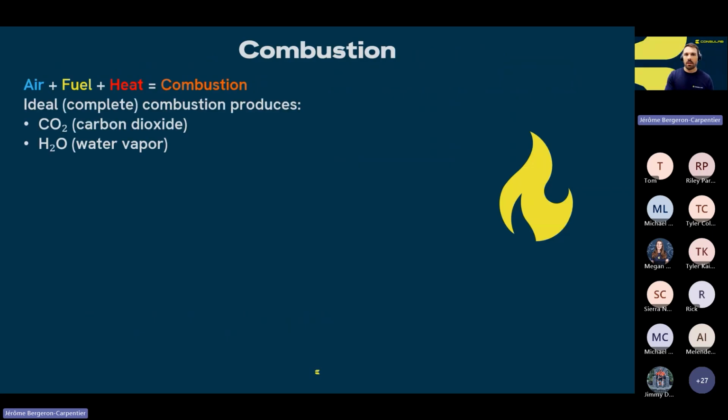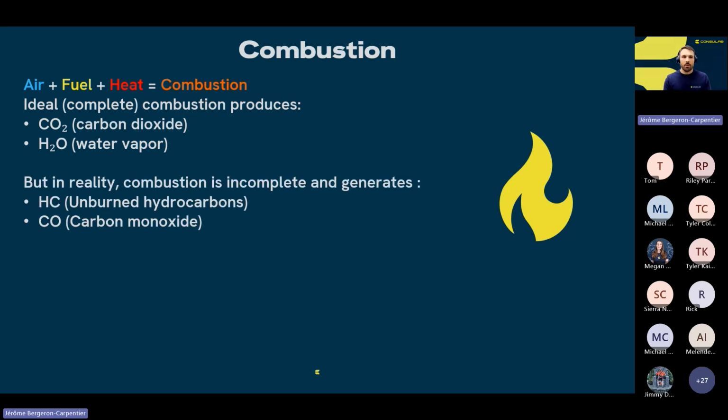We know that combustion is all about air, fuel, and heat. Ideal complete combustion produces CO2, carbon dioxide, and H2O, water vapor. But in reality, we all know we cannot have that ideal perfect combustion.